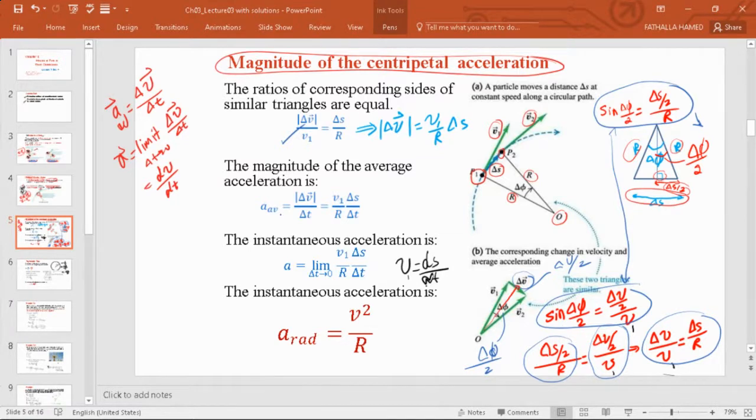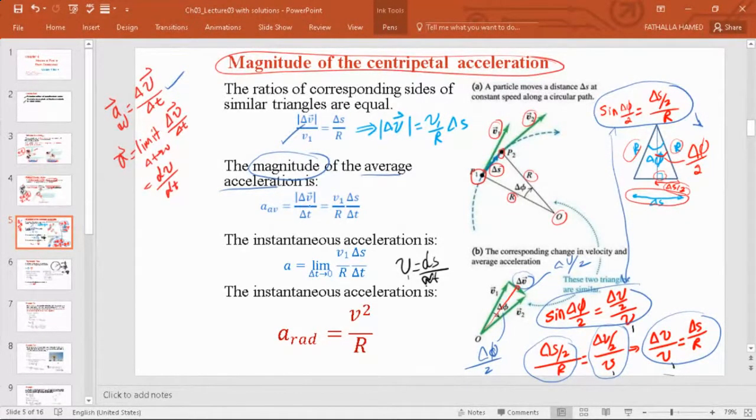Now, if I follow the definition of my average acceleration, it should equal delta V over delta T. If I take the magnitude of my average acceleration here, and you can see I don't have an arrow on the top, that means I'm just taking the magnitude. It will be the delta V as a vector, and I put an absolute value around that.